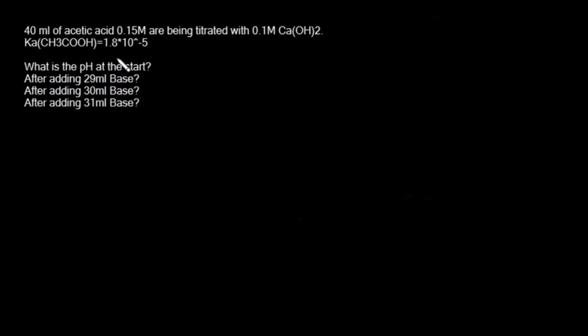Question number 2: What is the pH after we add 29 milliliters of base? A common mistake would be writing the whole balanced equation with the acid and the base, because in that equation you're going to get the salt at the end, and you don't want that. In the buffer equation, if you have a weak acid with a strong base, you want the concentration of the salt of the acid alone, which is the acetate in this case.